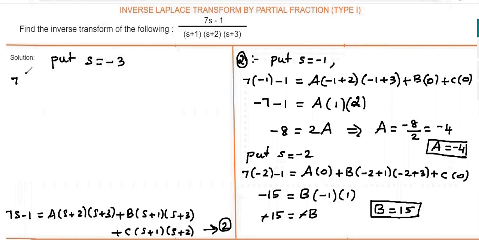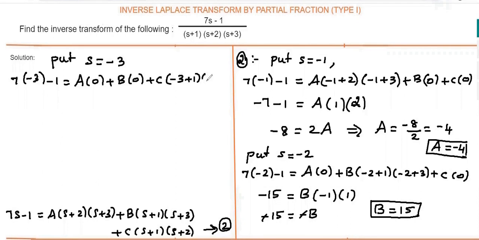7 times negative 3 minus 1 equals, so my a will be 0, my b will also be 0, and my c will be c times minus 3 plus 1 times minus 3 plus 2. So now solve this.